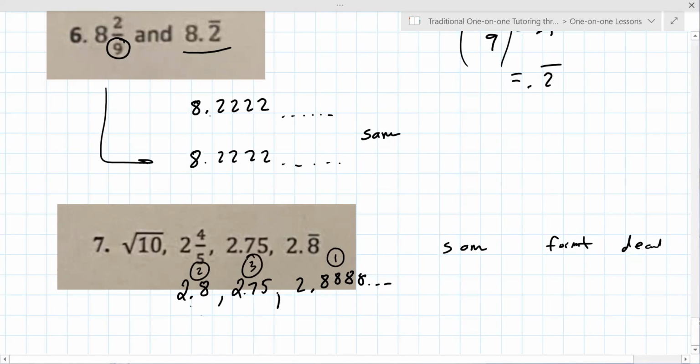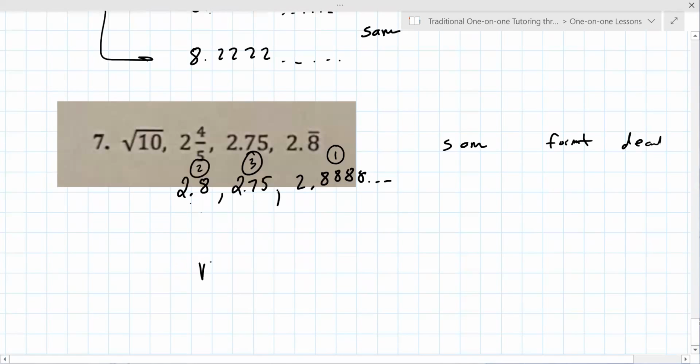Now the square root of 10 is the tough one. I actually don't even know what the square root of 10 is. And there's not a fast way to figure it out without doing some things that aren't really standard. But, okay, you do know the following. The square root of 10 falls between which 2 numbers?